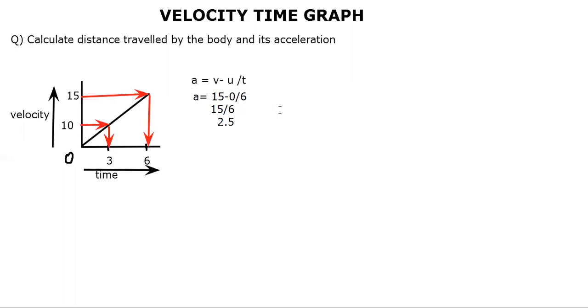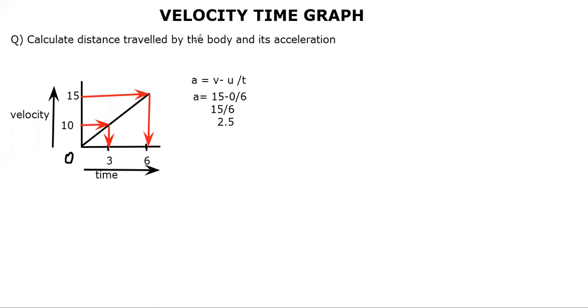Second part of this numerical is that you have to find the distance. In the note we wrote that area under the curve gives distance traveled by the body. If you see the line given in the question, the area under this is in the shape of a triangle. So you have to find the area of triangle to calculate distance.